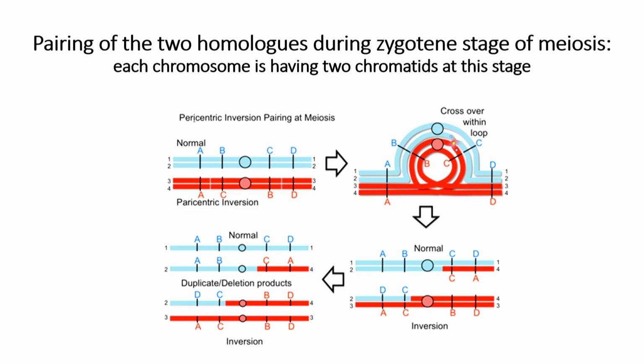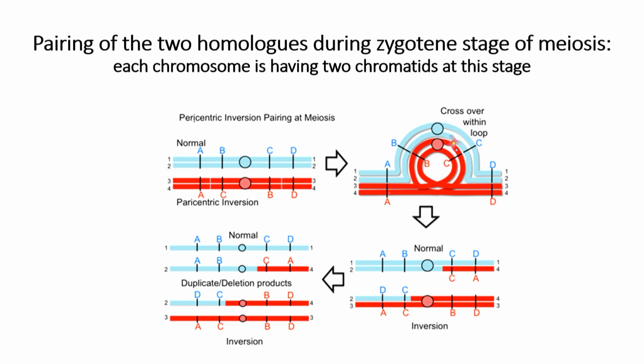When they pair, again there will be a loop formation, and only then will the pairing be possible, because the one where the inversion is has to loop out, and only then can it pair properly. So A is with A, B is with B, C is with C, D is with D. This way there is a perfect pair.